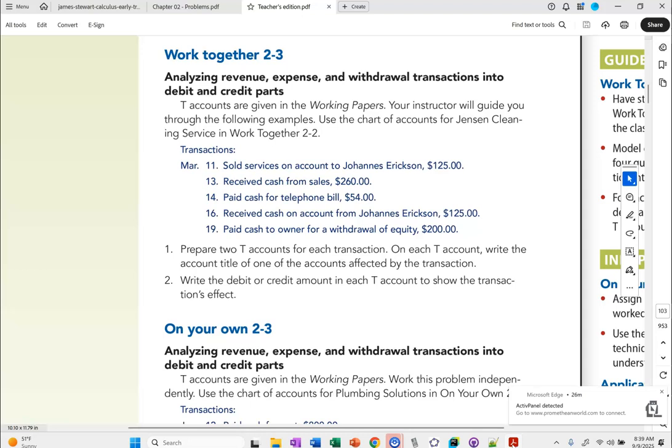So it would depend a little on context, Joe. So it'd be a business expense? Utilities expense was the title listed where it says working together 2-2 gave us all these account titles. That was the one we would have chosen, because telephone bill wasn't one of them.